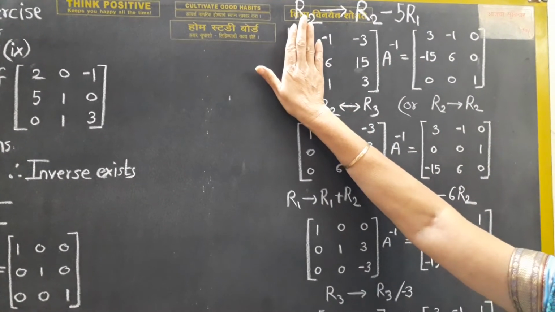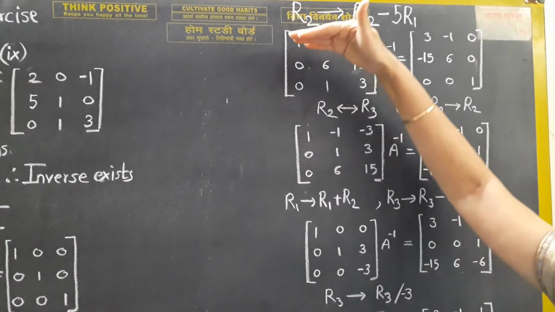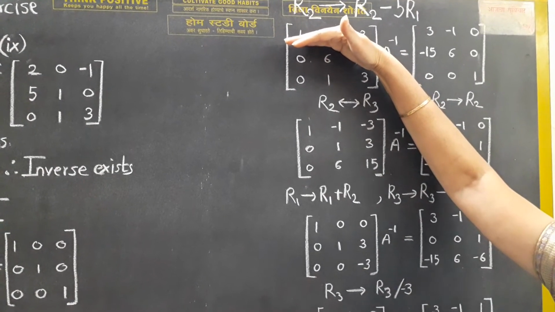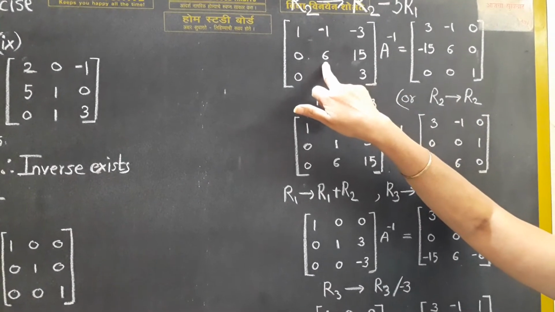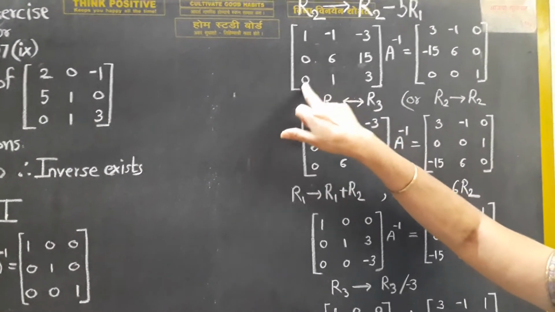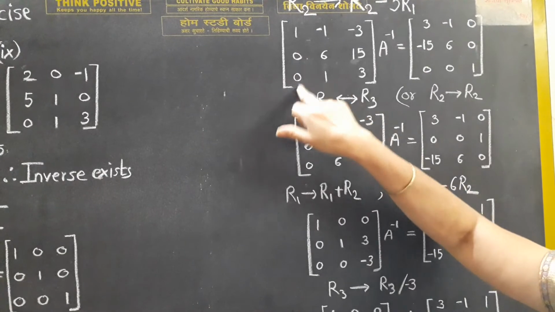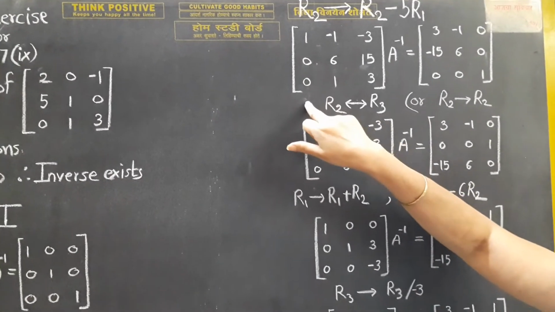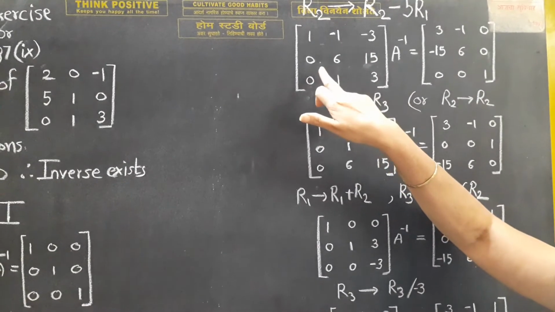Once you complete the first column, we are not going to make use of the first row to get 1 over here. Why? Because see that in these 2 rows 0 0 is there. So whatever you do with R2 and R3, you have to get 0.